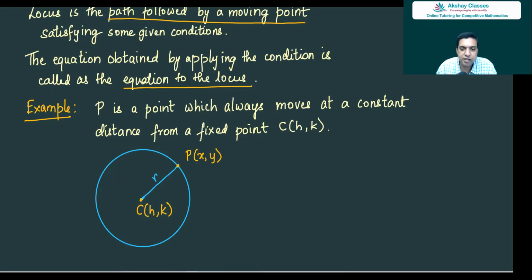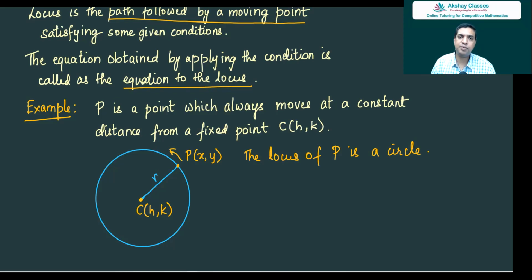C is a fixed point and P is moving, but in such a way that the distance from C is always constant. So the locus of P is a circle.